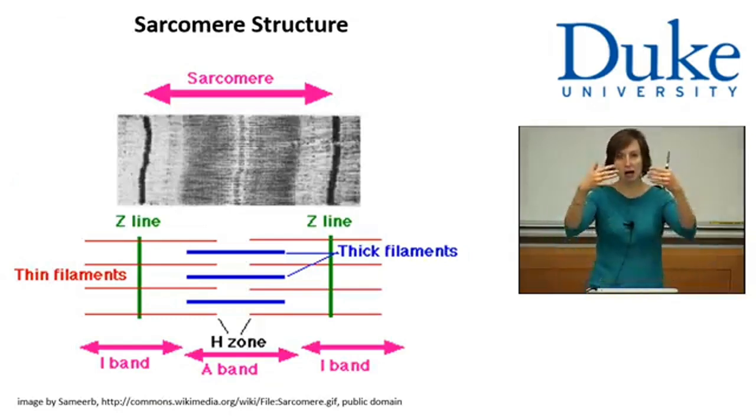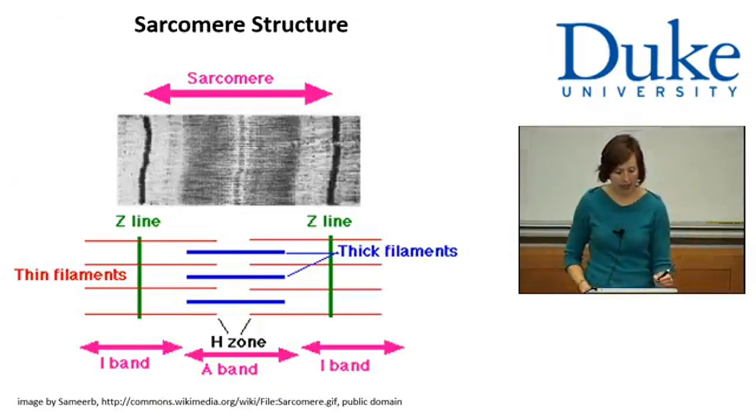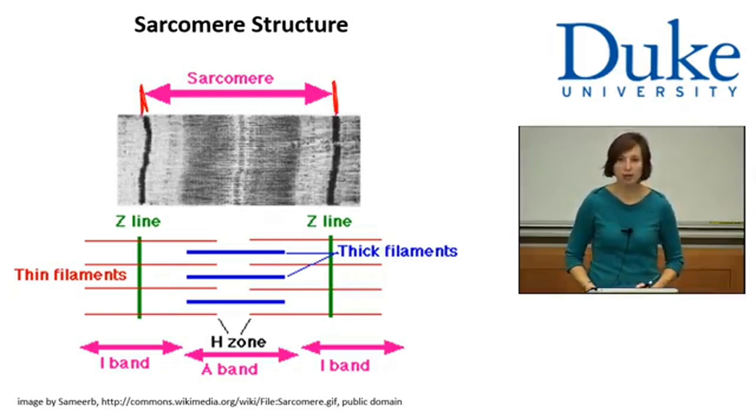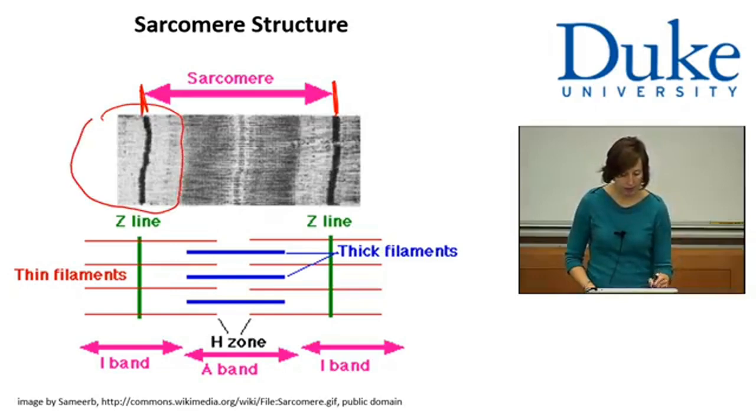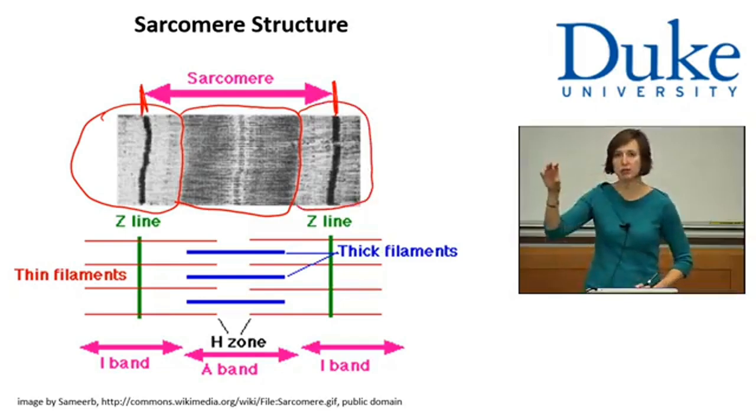At the top of this image we have an electron micrograph of a portion of a myofibril showing a single sarcomere. You can see that it's got a light portion and a dark portion, alternating, so that if we had many sarcomeres, you would see alternating light and dark, light and dark. This is responsible for the striations.